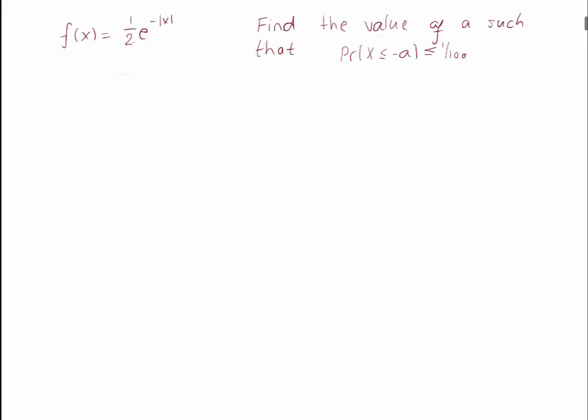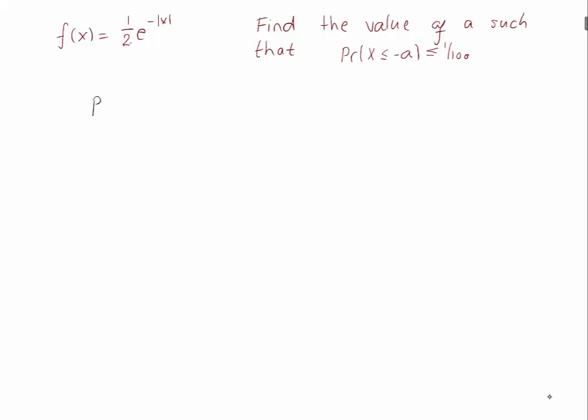I need to find the value of A such that the probability of my error being less than or equal to negative A is no more than 1 in 100. The probability that X is less than or equal to negative A, well, that's exactly big F of negative A, my cumulative distribution function of negative A. And we've also figured out our cumulative distribution function.